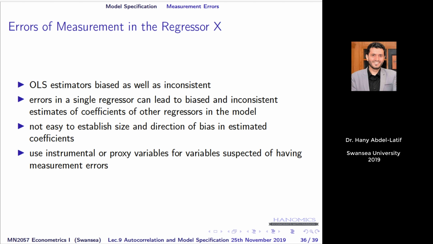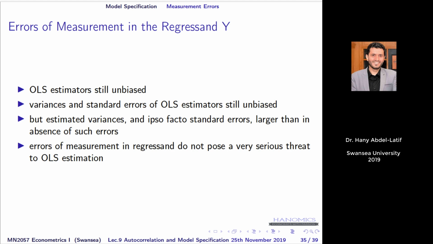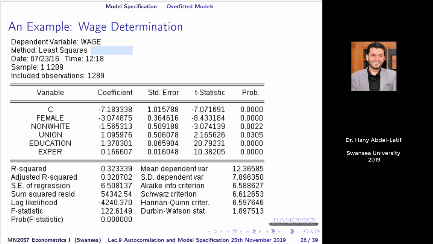So as I said, what we covered so far in the model specification, omitted variable bias. Let me just go back and tell you what I didn't cover.